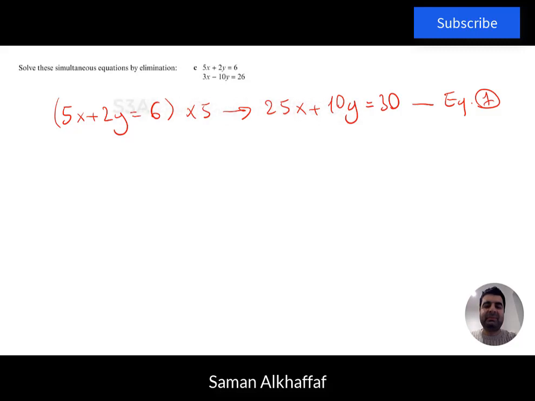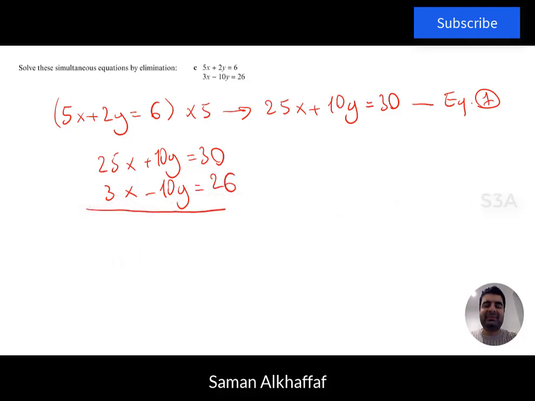Now what we will do, we will take 25x plus 10y equals 30, which is the new equation 1, and add it to the second equation, which is 3x minus 10y equals 26.